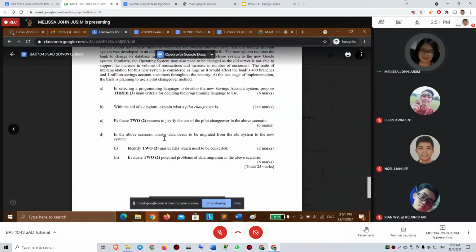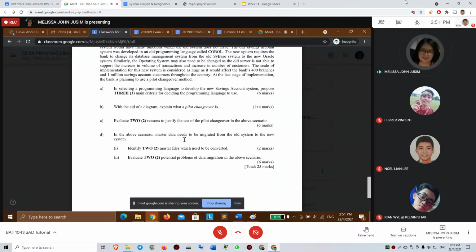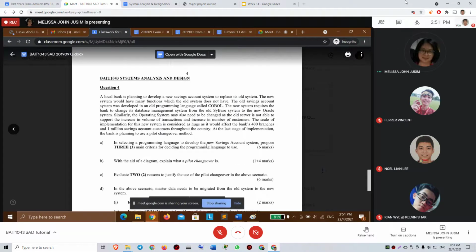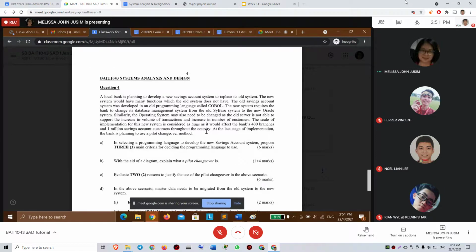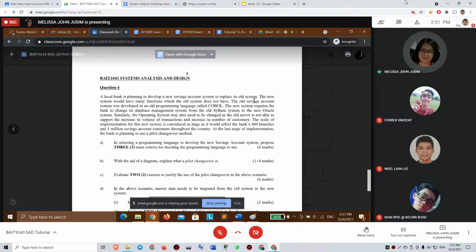Okay, next one is: for the above scenario, master data needs to be migrated from the old system to the new system. Identify two master files which need to be converted. So they have the savings account using COBOL, and then they want to change from Sybase to Oracle system.